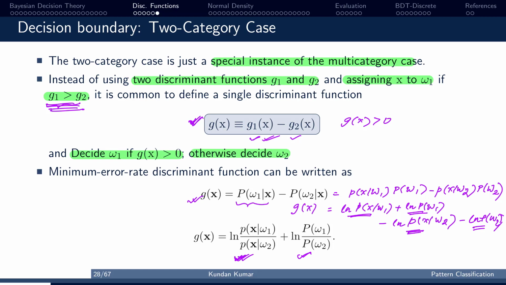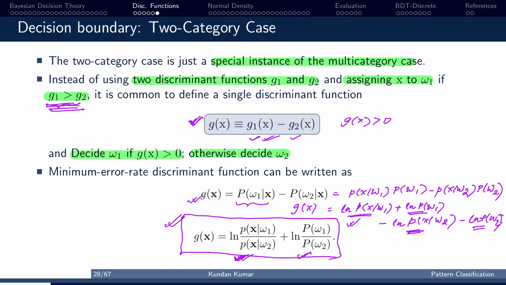So we get this discriminant function in the case of the minimum error rate classifier, where the logarithmic function, which is monotonic, helps us simplify the expression. This expression is basically our decision boundary if we equate it to 0.